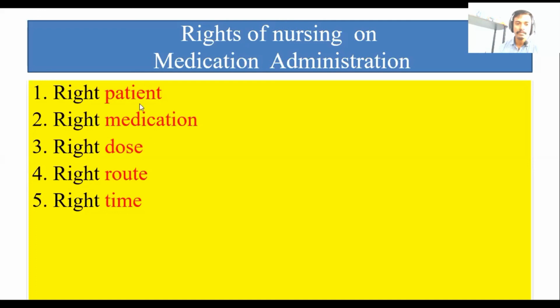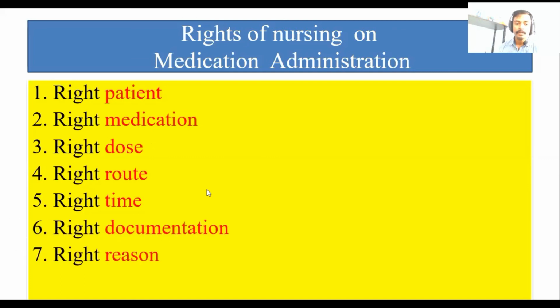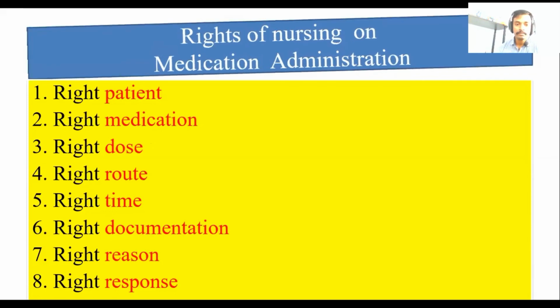What are the rights? Right patient, right medication, right dose, right route, right time, right documentation, right reason, and right response. So these are the responsibilities of nurses and rights to prevent misuse or irrational use of drugs.